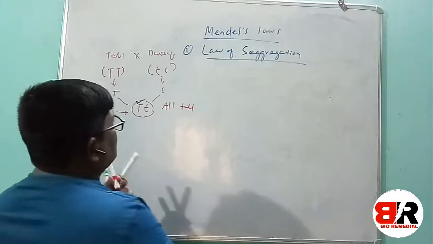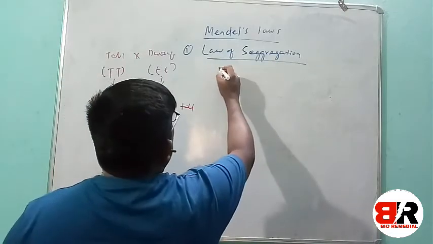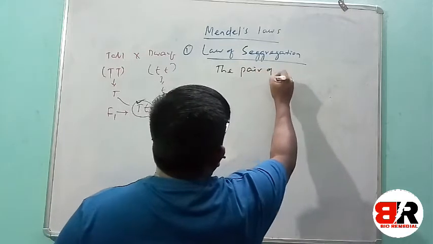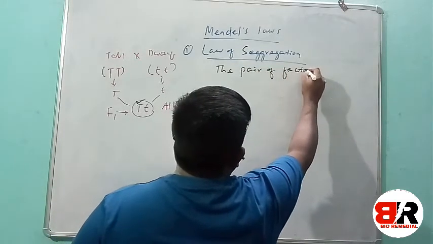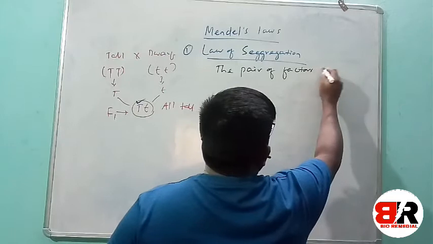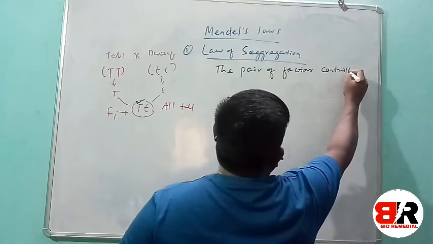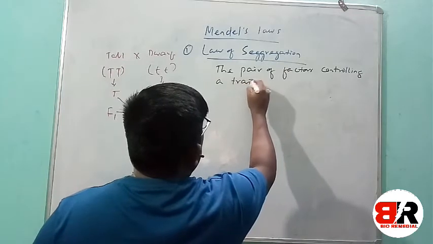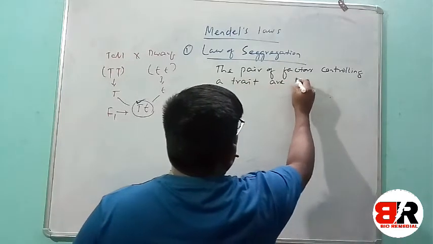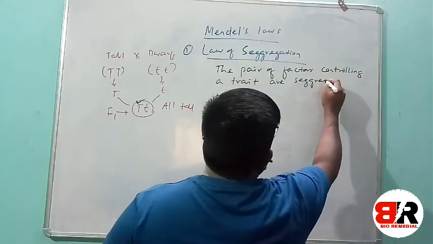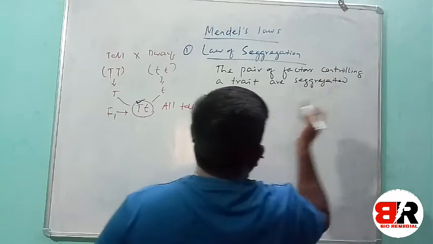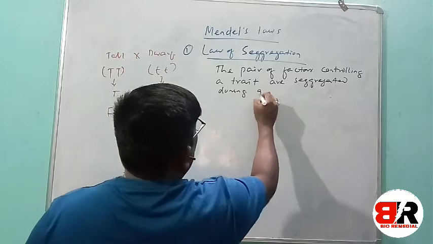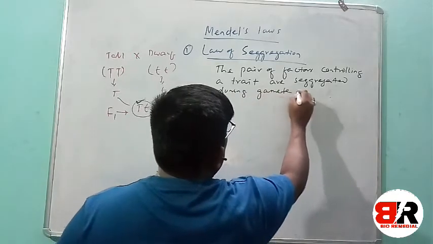So the law of segregation says that the pair of factors controlling a trait are segregated, meaning separated, during gamete formation.